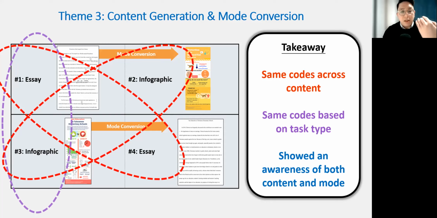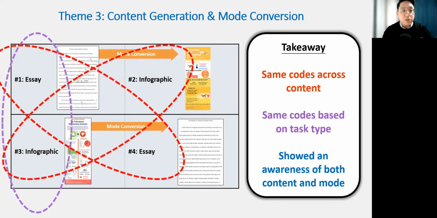And I think it shows that students were aware that assignment 1 and 4 are similar because they're both text-only essays, and assignment 2 and 3 are similar because they are infographics, but also assignment 1 and 3 are similar because they are content generation.